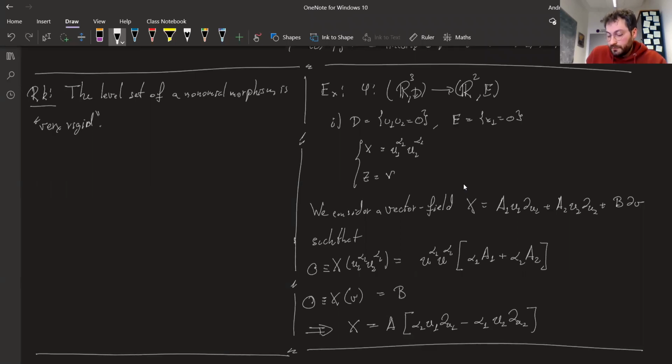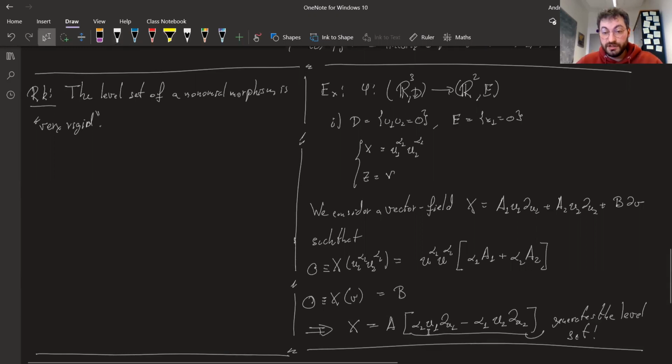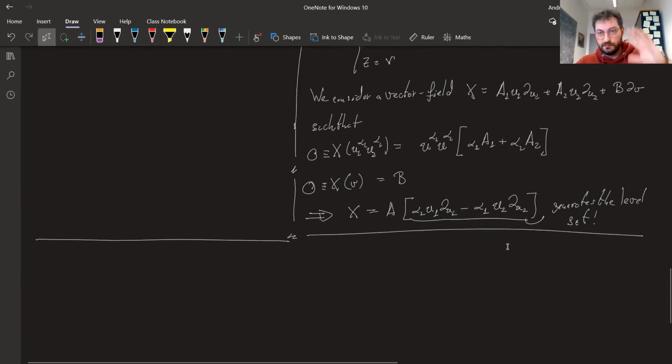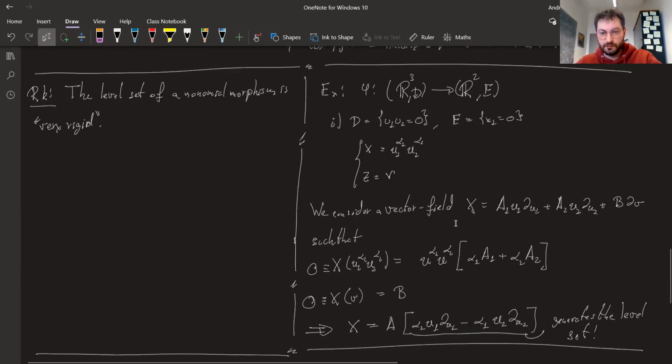And then there's a common factor. So this term here is the generator of the foliation, of the level sets, which is a linear vector field. In a similar way, if I take another example, so this was the point: I started with this monomial morphism, and I realized that the level curves are generated by a vector field which is linear.